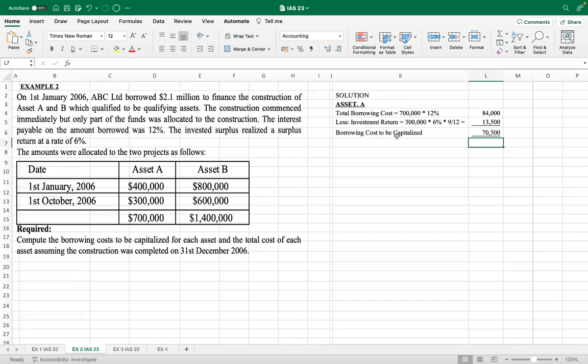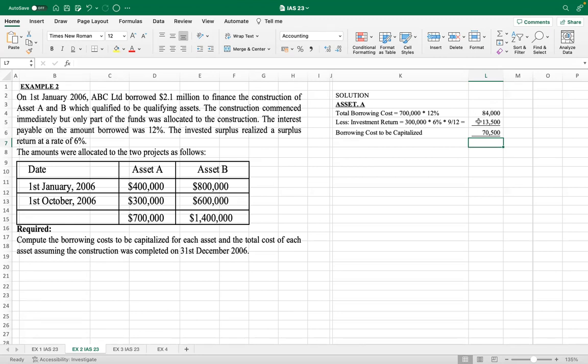I'm repeating for the sake of clarity. For asset A, not asset B, the total amount borrowed was 700,000. The interest that was being paid on it was 12%. So I took 700,000 times 12% to give you 84,000.